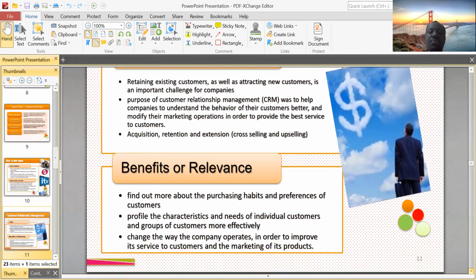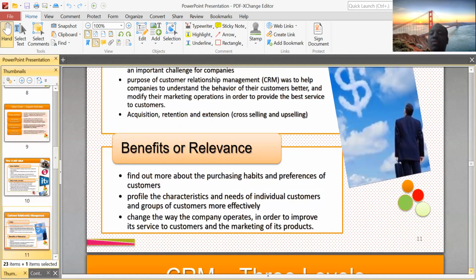They're very, very key. They also have benefits. Let's talk about the benefits or relevance of CRM. I'll be saying CRM because that's easy to say. What are the benefits? It helps to find out more about the purchasing habits and preferences of customers, and also helps us to do what we call customer profiling.